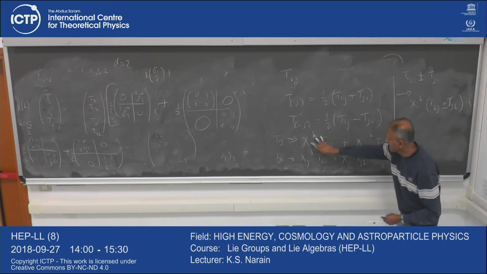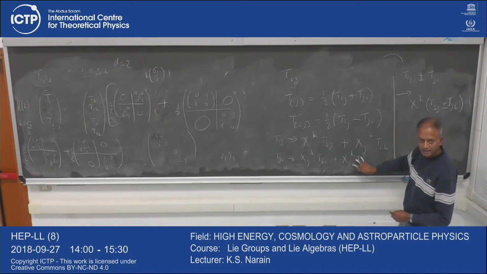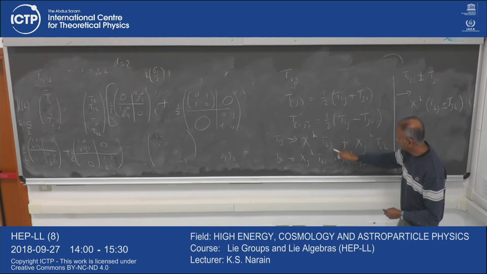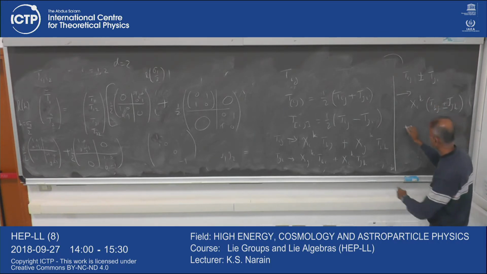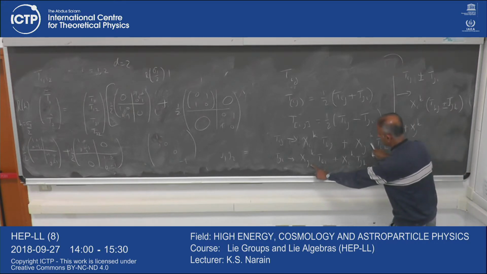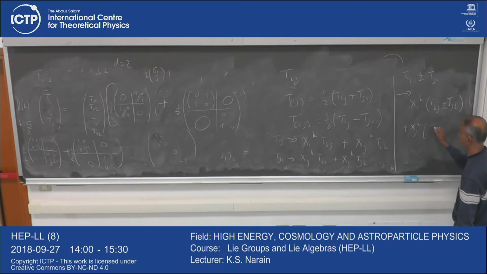So xik is here, xik is here, right? So I take this, tkj plus or minus tjk, depending on the sign here. And then similarly I have the xjk term, there are this term and this term. So I will get here tik plus or minus tki. Okay.